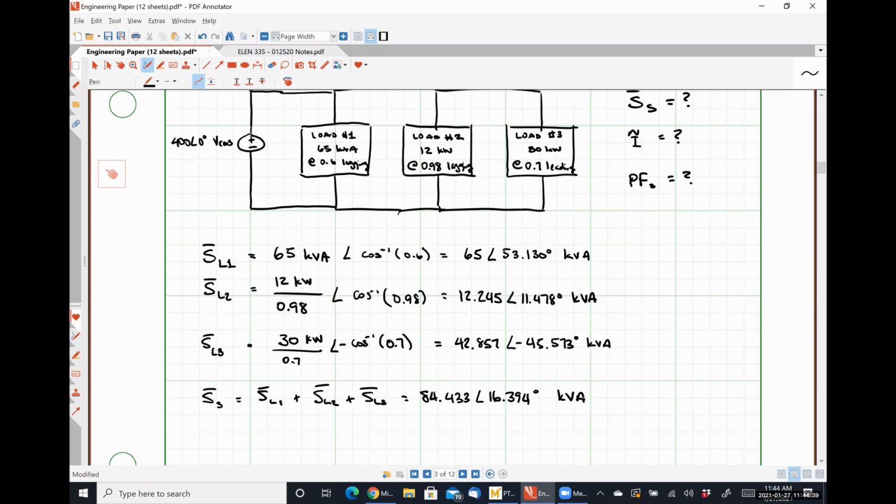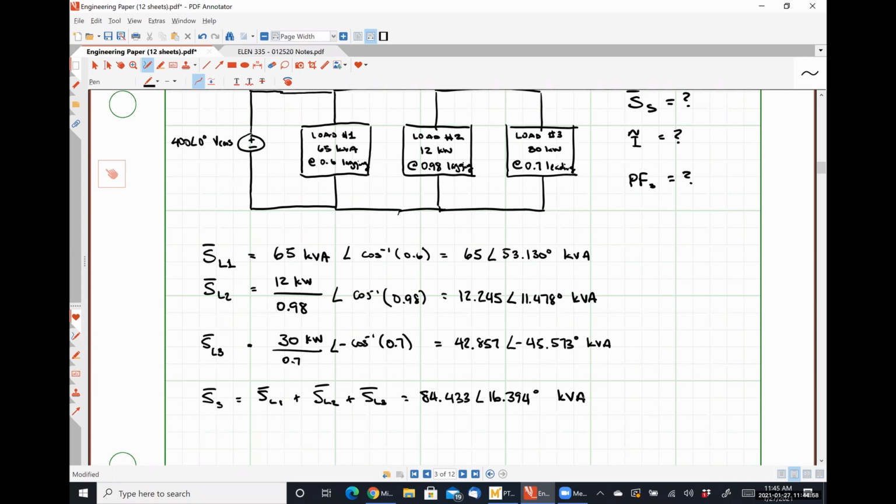So overall, would you consider the composite load connected to our 400 volt power supply capacitive, inductive, purely resistive? How would you classify it? Positive angle, so it's an inductive load. Yeah.